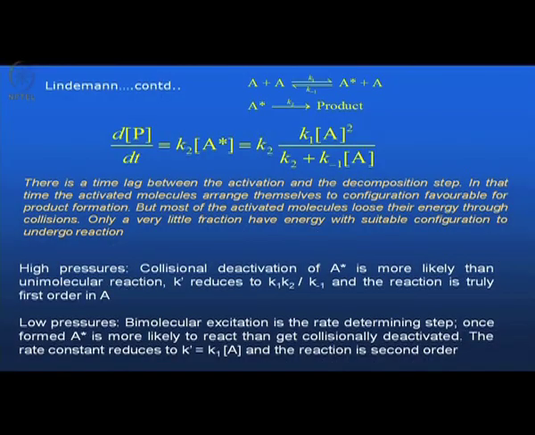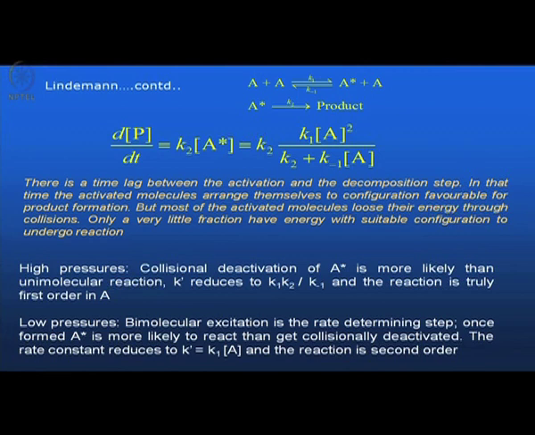Therefore, suppose this is an A star molecule. The moment it collides with another common molecule, its excitation is lost, and it becomes a normal molecule. Okay. So, in the high pressure region, collisional deactivation of A star is more likely than the unimolecular reaction, that is, A star to product.